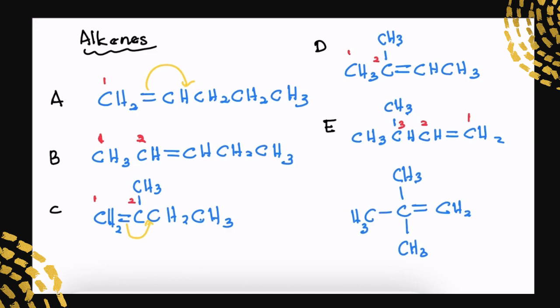Cannot, because look at this carbon. Carbon is supposed to have only 4 bonds. In this case, it has 5 bonds. So this structure is not accepted. Because of that, we only have 5 structures for alkene isomers.